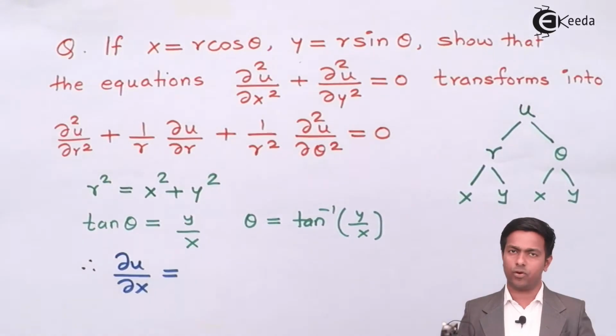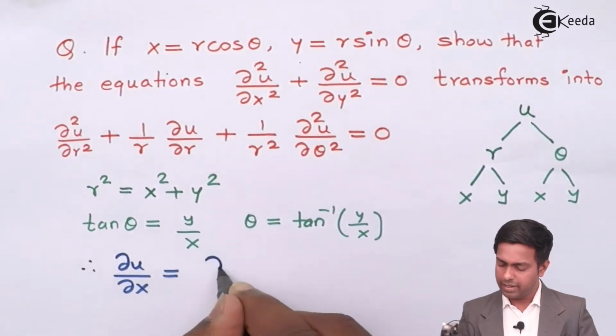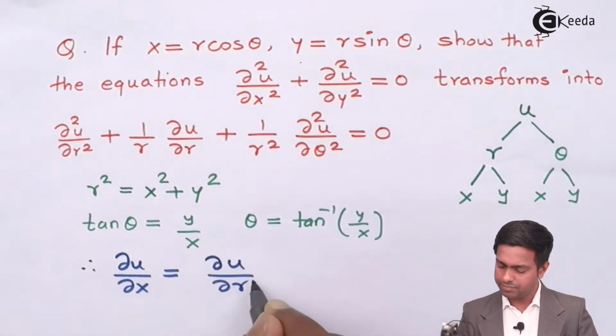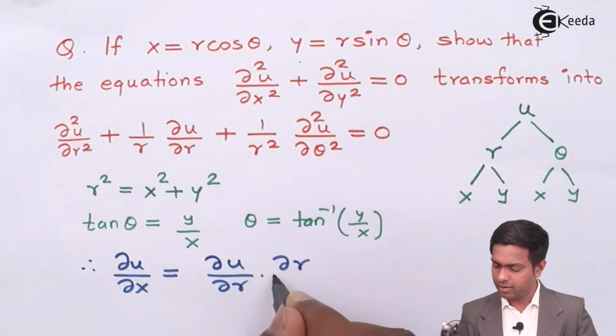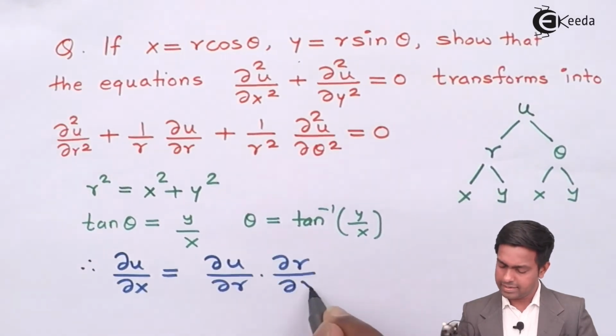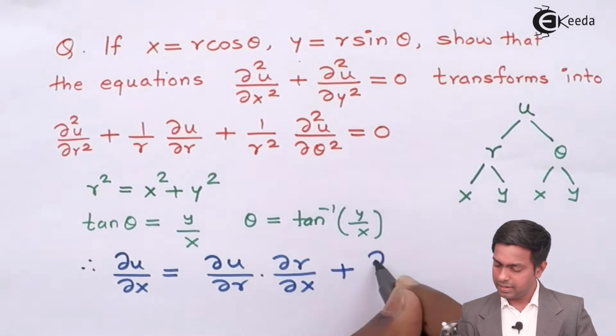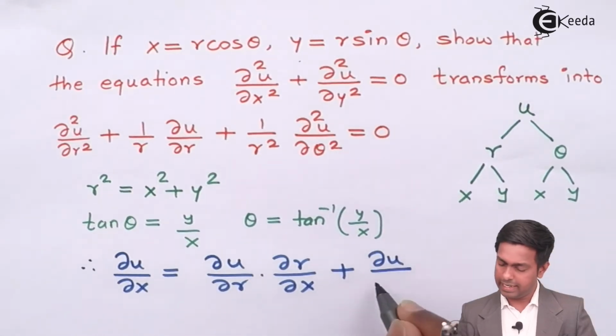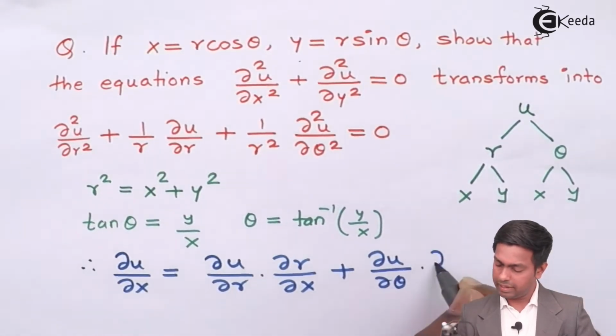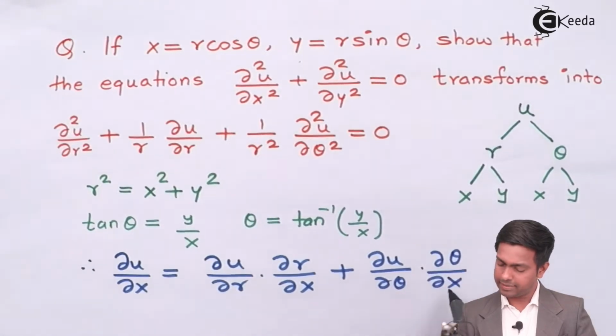We'll apply the chain rule for these paths. So we'll get del u by del r into del r by del x plus del u by del theta into del theta by del x.